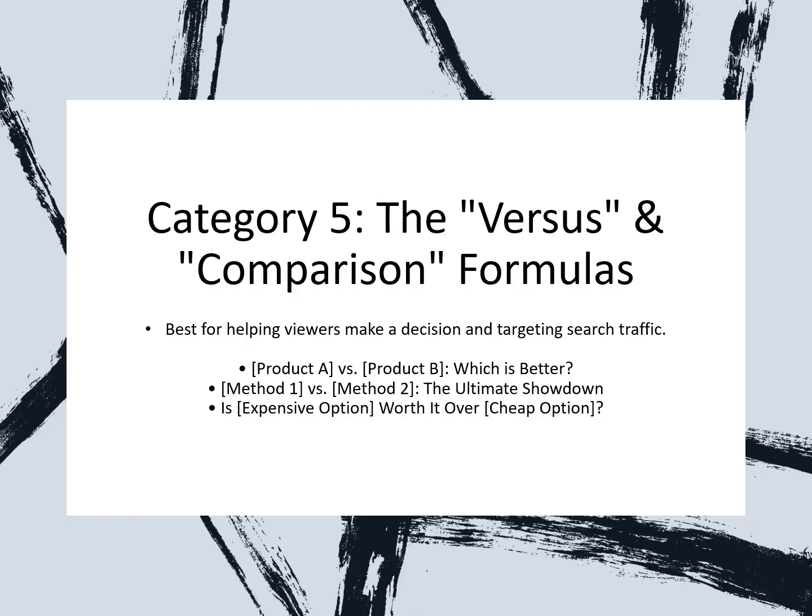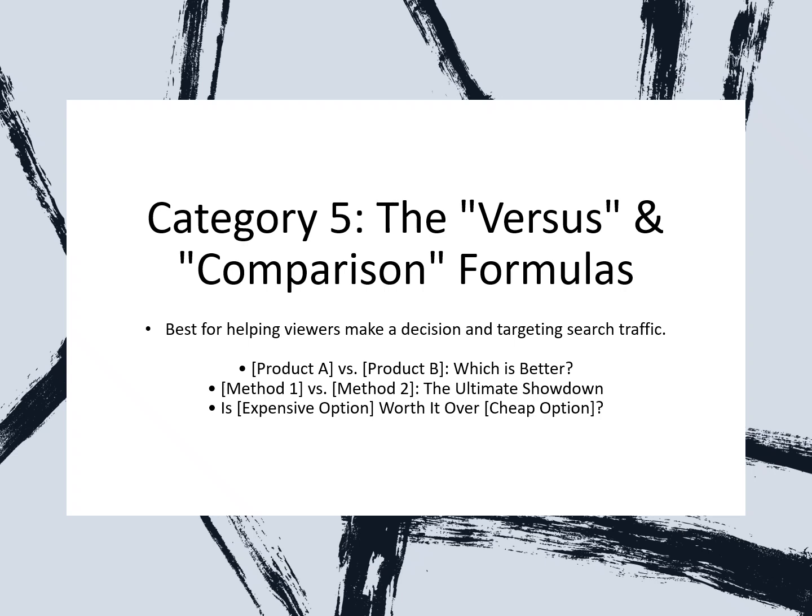Category 5. I call this the verse and comparison formulas. This is best for helping viewers make a decision and targeting search traffic. So we have product A versus product B, which is better.